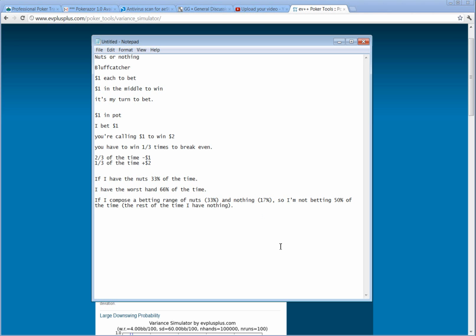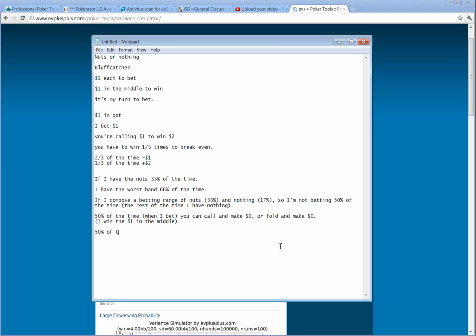That means 50% of the time when I bet, you can call and make $0, or fold and make $0, which means I win the $1 in the middle. Whether you call or fold, I'm winning the $1 in the middle.